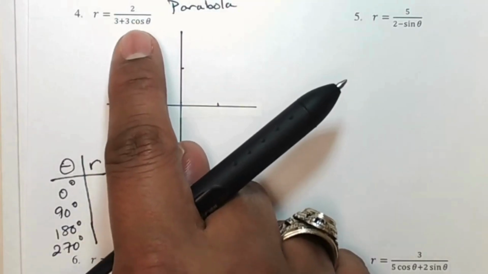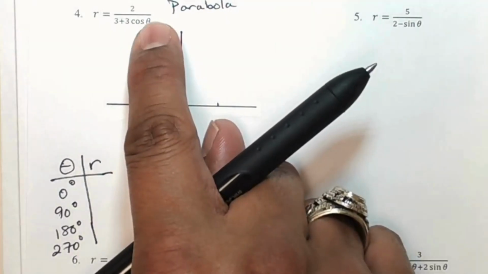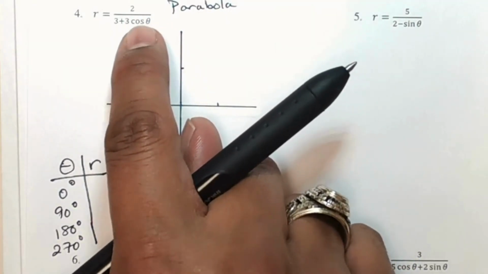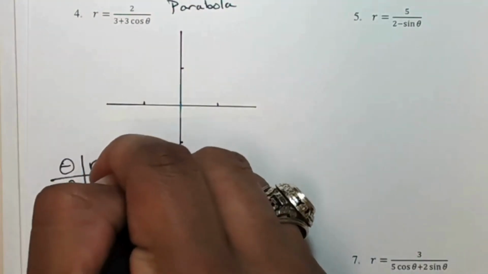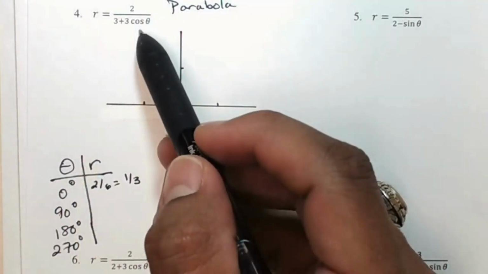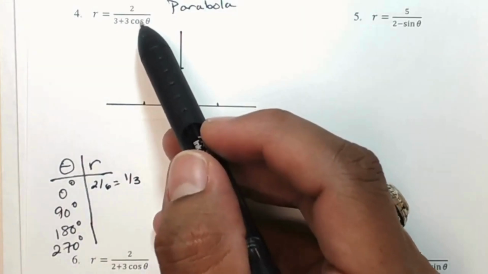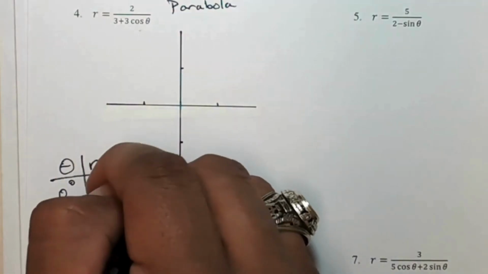Well, cosine at 0 degrees is 1. Then if you do 3 times 1 plus 3, you end up getting 6, and 6 reduces to 1/3. If you plug in 90, cosine of 90 degrees is 0, times 3 would be 0, plus 3 would be 3, so you end up getting 2/3.